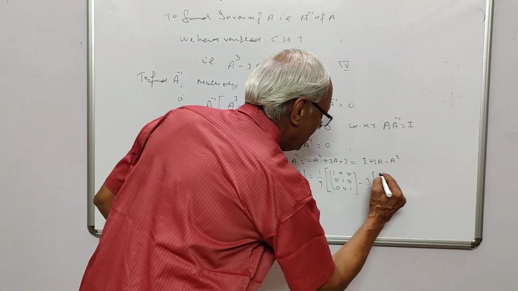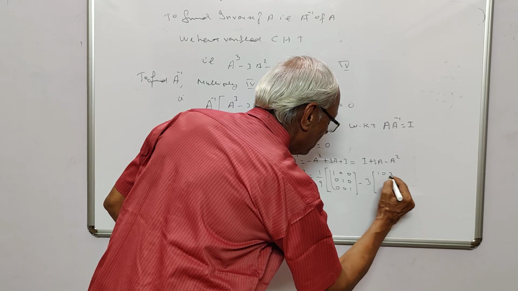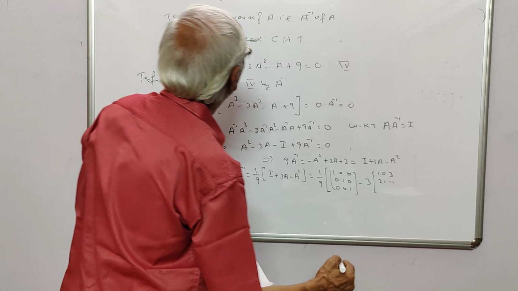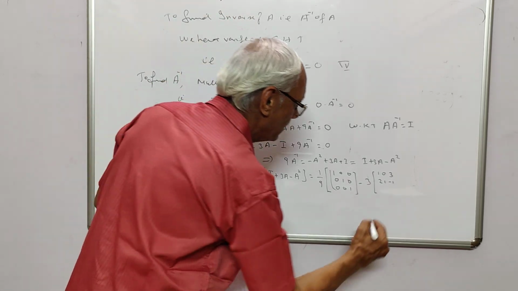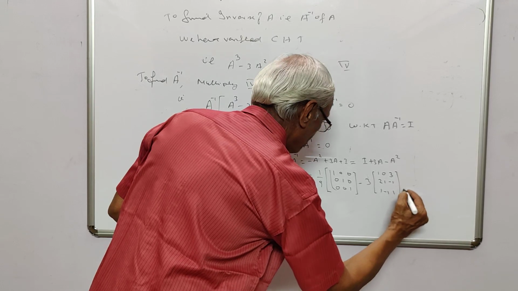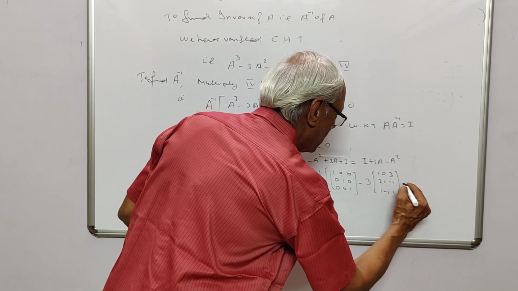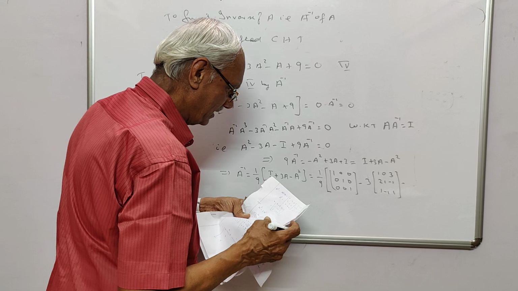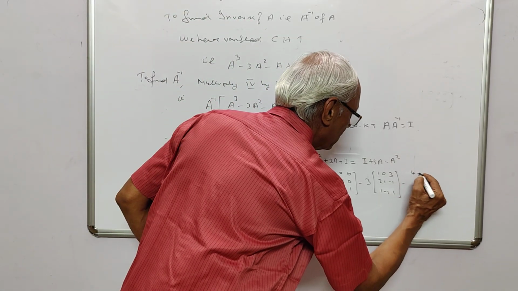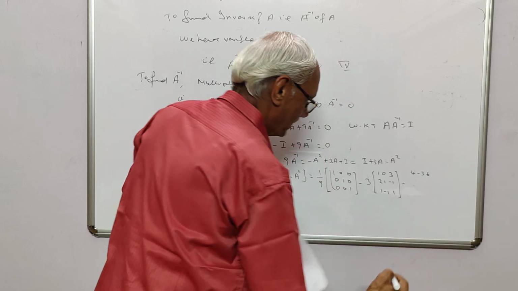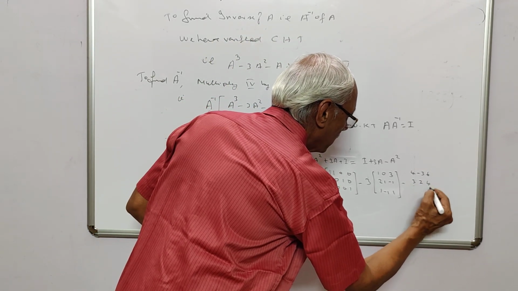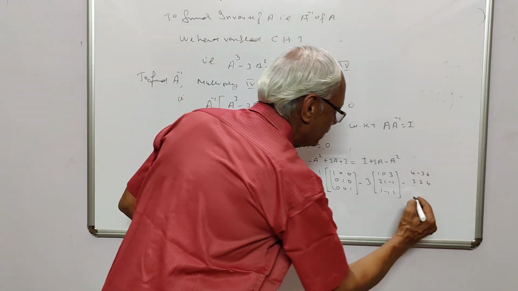It is 1, 0, 3, it is 2, 1, minus 1, and it is 1, minus 1, 1. Then minus a squared. What is your a squared? A squared is 4, minus 3, 6, then it is 3, 2, 4, and it is 0, minus 2, 5.